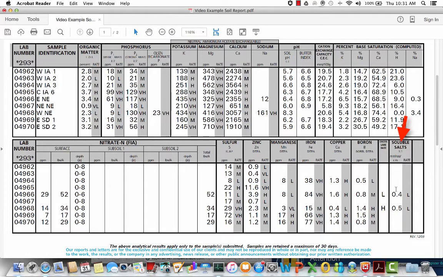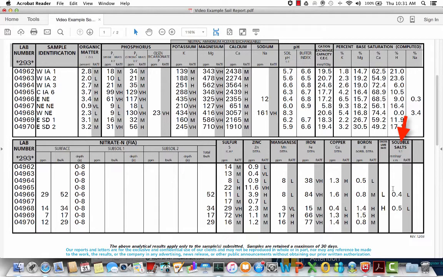Generally, when I'm looking at these soluble salts, kind of the number I use a lot is, say, a 0.7 to 0.8. That's kind of my line where I would say soils below that really don't have a lot of salinity. Soils above that have increasing levels of salinity. As I get above a 0.9 to a 1, I'm going to be concerned about the salinity of that soil.